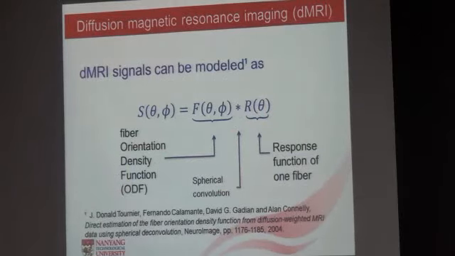What has been shown in the literature is that we can model these DMRI signals as a spherical convolution between the fiber orientation density function and the response function of one fiber. Okay, so here we have this type of model.